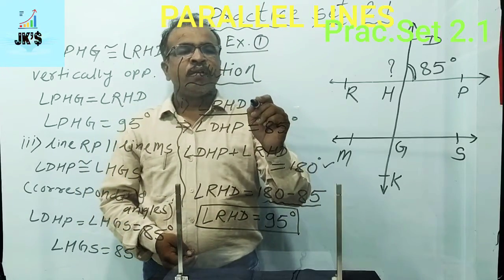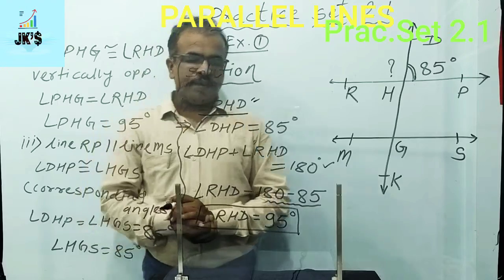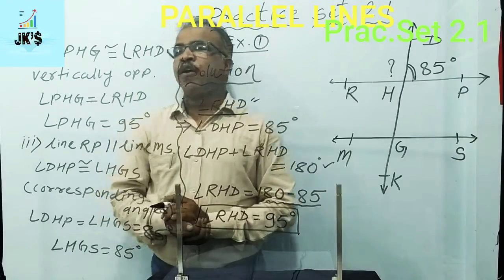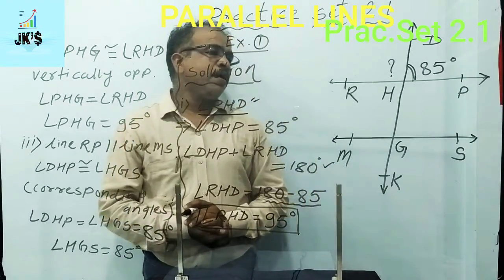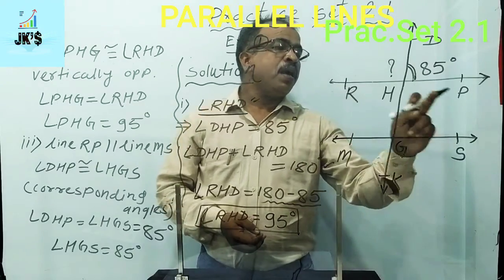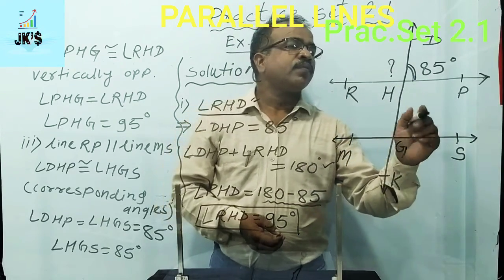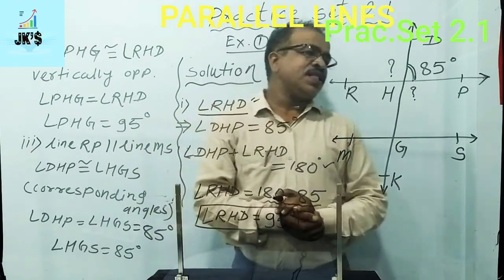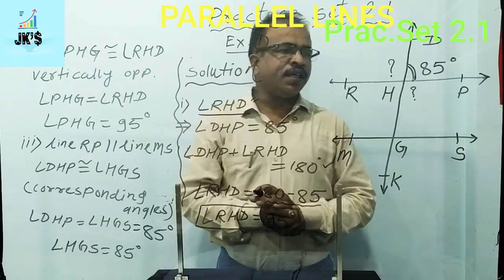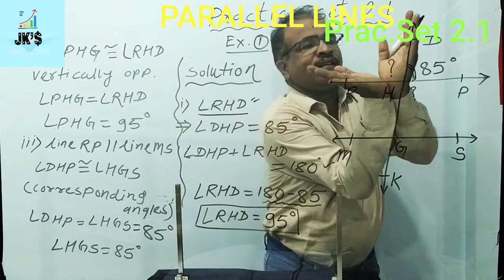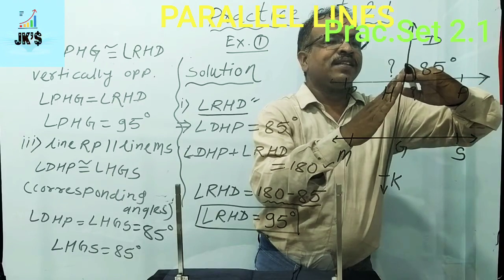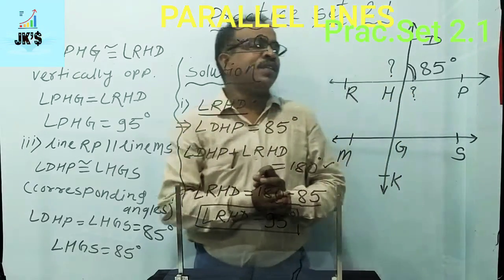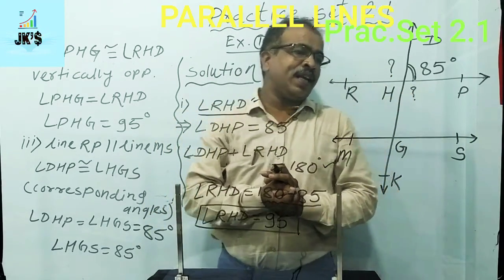Now the second is, what is the measurement of PHG? PHG means, now see this one angle. The previously calculated RHD, means this one angle and this one angle, are vertically opposite.